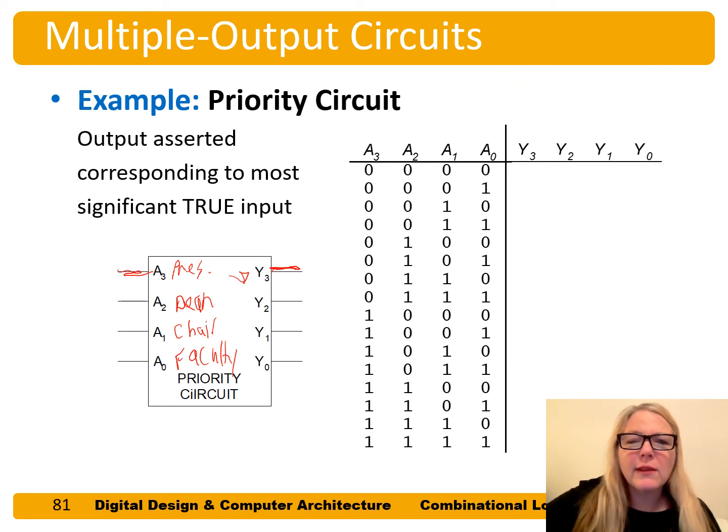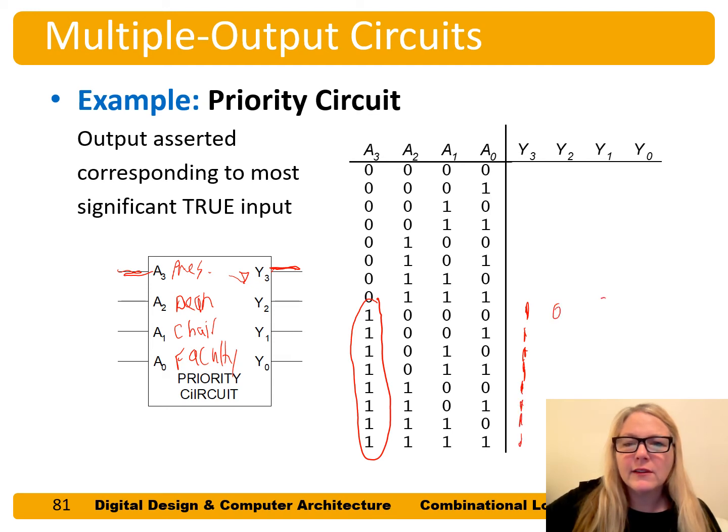So we look at our truth table here, showing all possible combinations of requests on A3 to A0. Whenever A3 requests the use of the auditorium, says A3 equals 1, then Y3, the output, asserts, saying, yes, you get the use of the room, and no one else does.